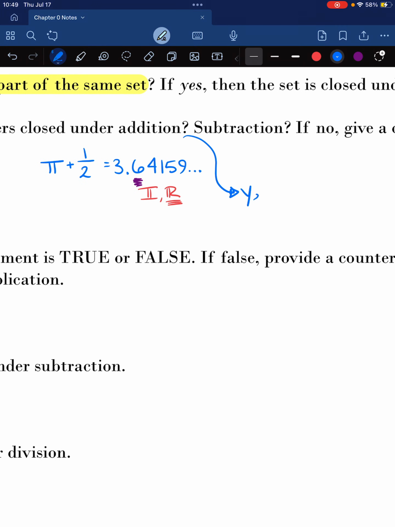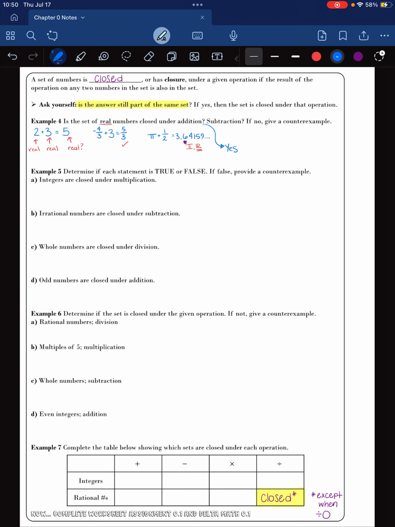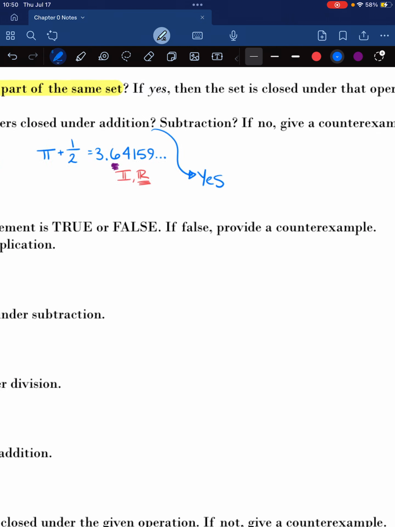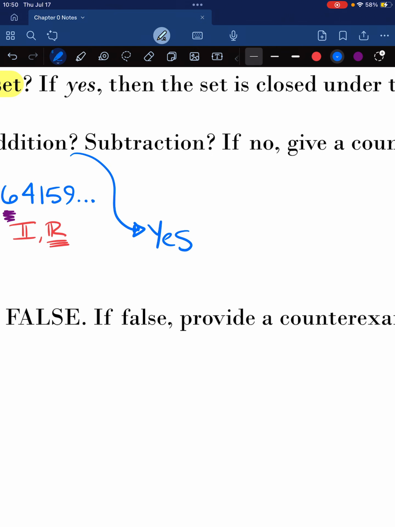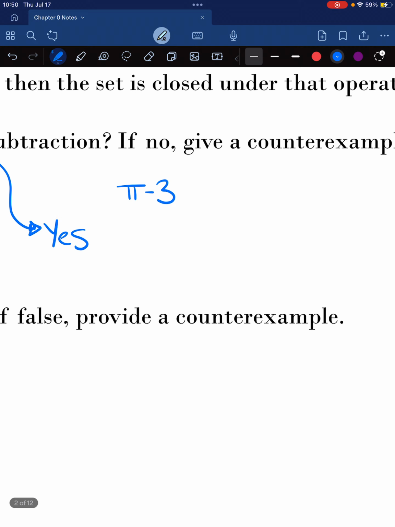Okay, I'm not going to go through all that work, but the same is going to be true for subtraction. No matter what I subtract, I'll do one example. I could do pi minus 3, right? Two real numbers, I used subtraction in the middle. Is my answer always still going to be a real number? In this case, it's 0.14159.